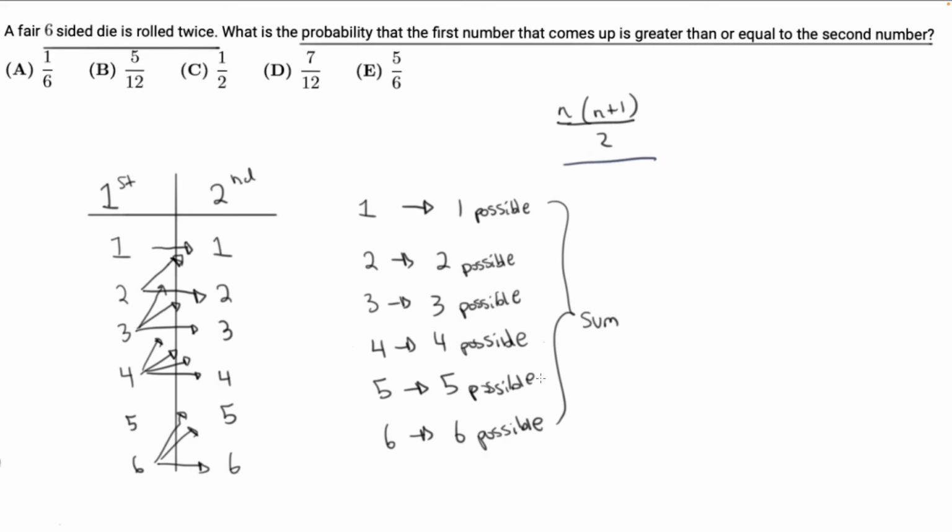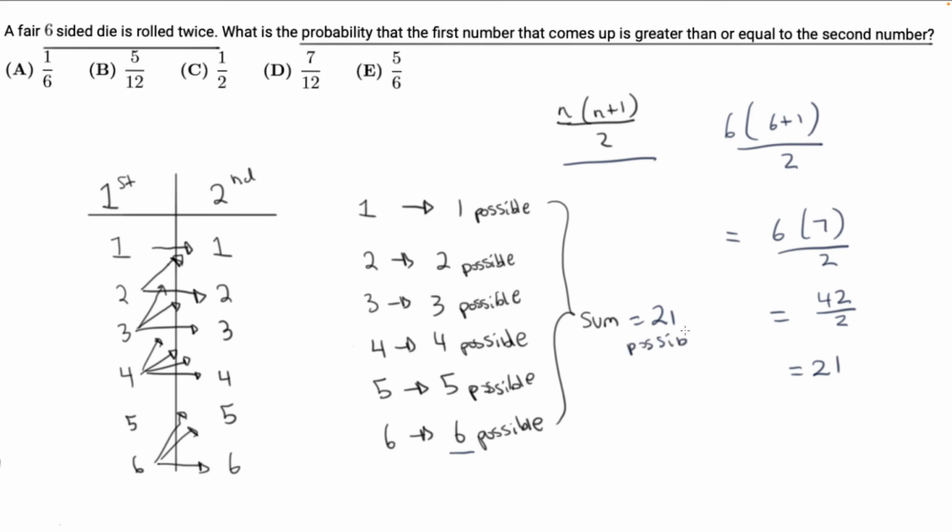So we have n as the 6 possible, so we substitute 6 as n. 6 times 6 plus 1 over 2. So that's 6 times 7 over 2, which is 42 over 2, equals 21. So the sum of these equals 21, so we have a total of 21 possible combinations.